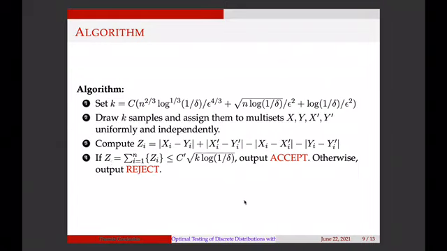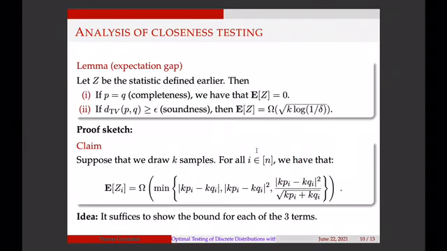And now let's see why. Let's give some intuition why this would work. As I said earlier, the first thing we need to do is to prove an expectation gap. In other words, suppose that this statistic is just defined.